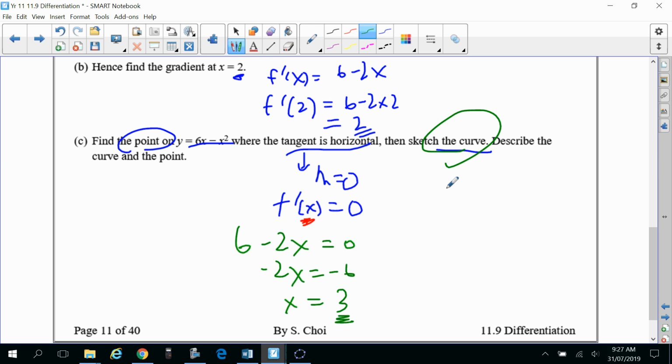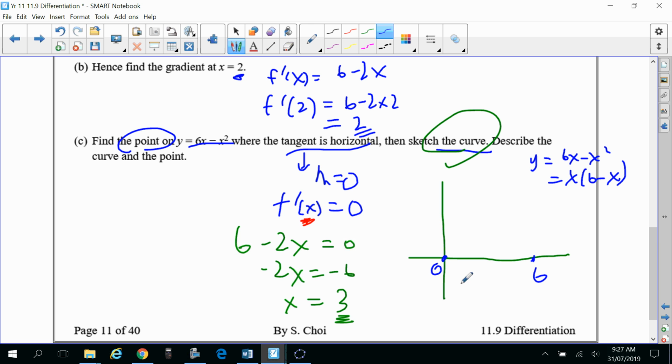Let's sketch the curve. Let's see if it's true. Now we can sketch it. That's a parabola. We can't sketch a parabola now. You just find the x-intercept. Watch this. Is it concave up or down? Down. And not surprisingly, it does tell us the truth.